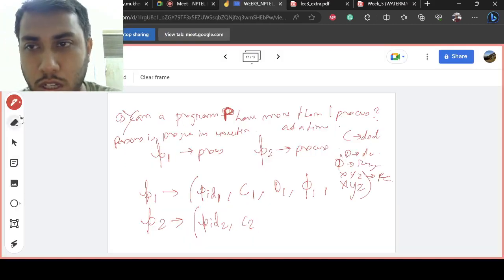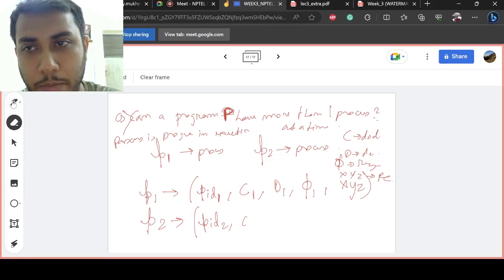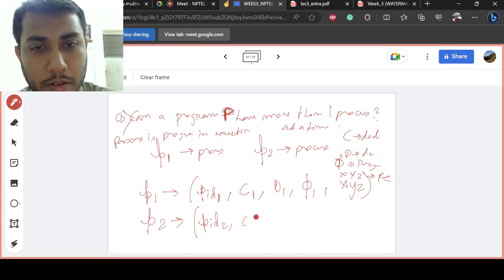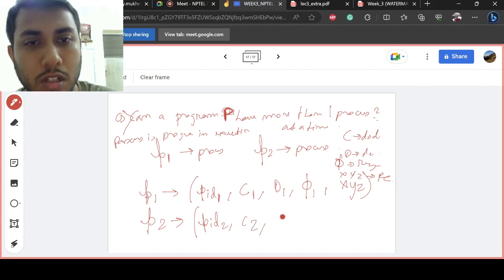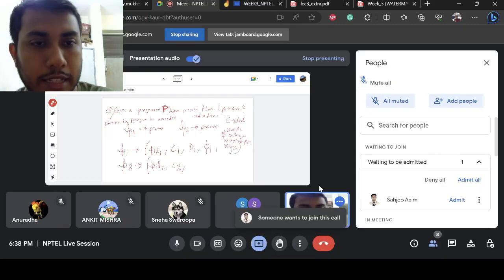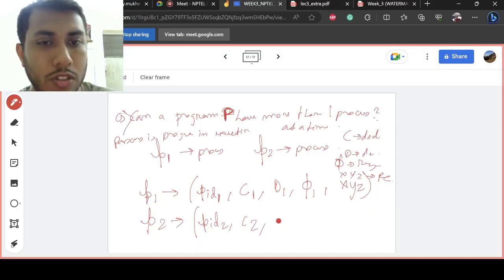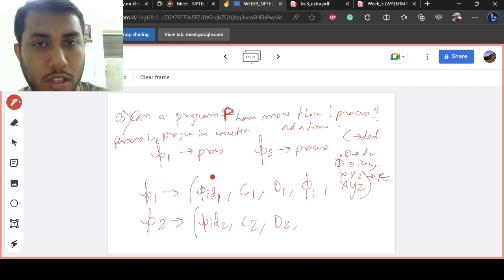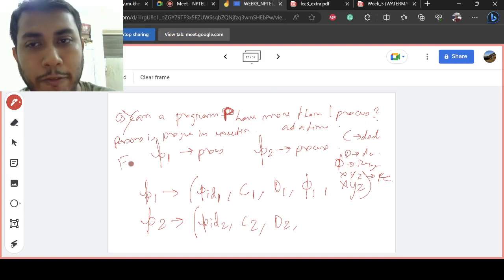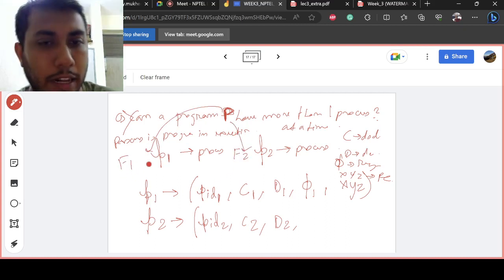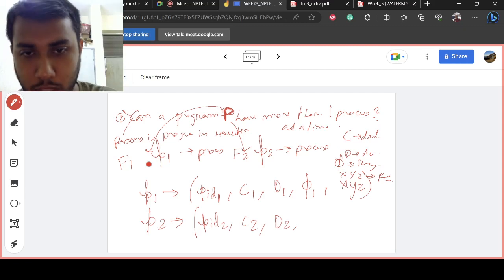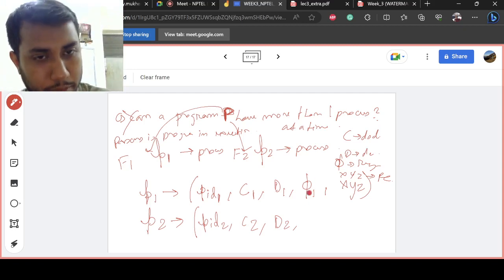So the code area remains the same. Now the data, just as Sneha said, will be different because you are opening two different files, F1 and F2, both using program P. These are two different files with different contents, so the data will be different.